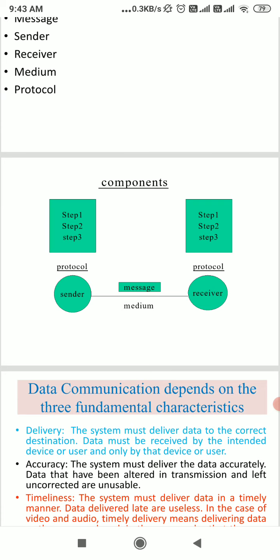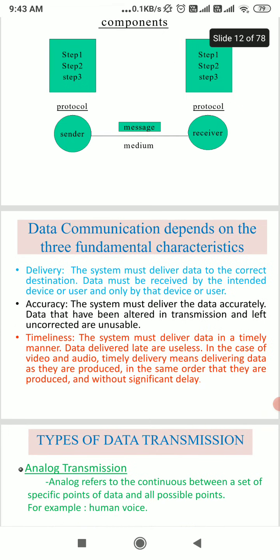So when we are doing communication, data communication depends on some characteristics, like how much accuracy it has, how much time it is taking, and how it is delivering the information. You can see the definition for that. What is meant by accuracy?